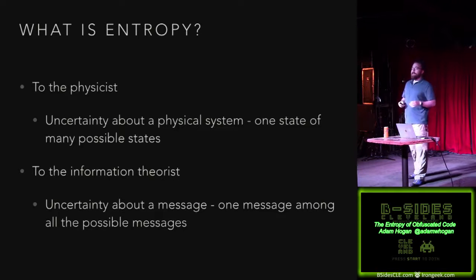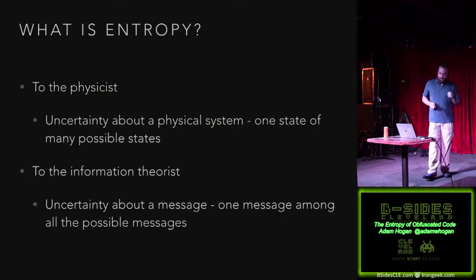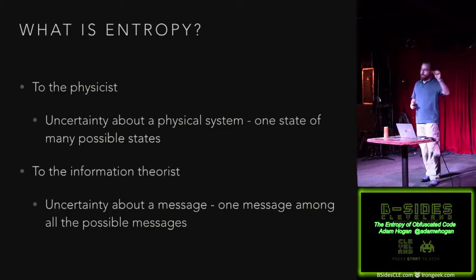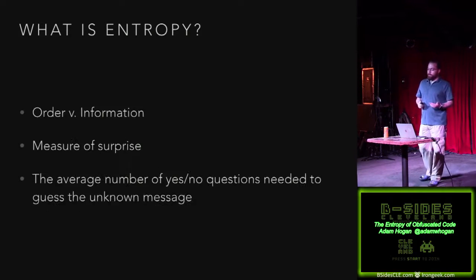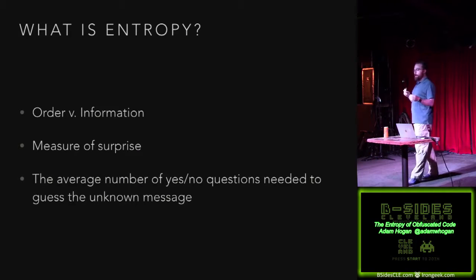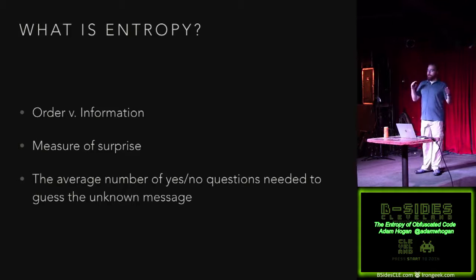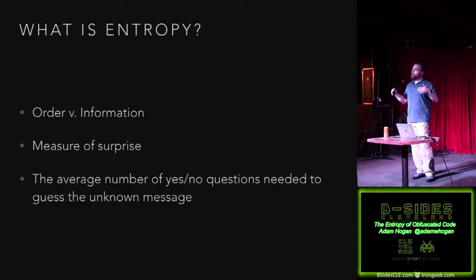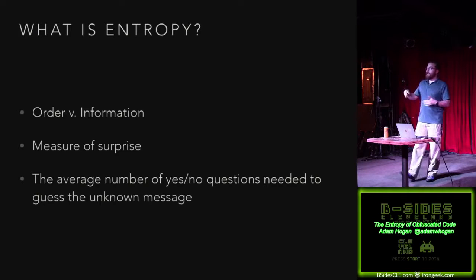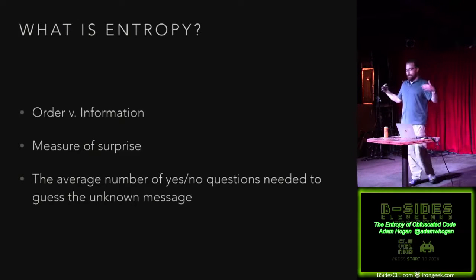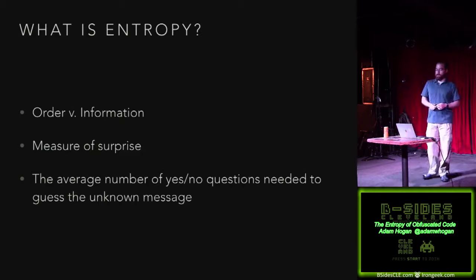At its core, the entropy in information and the entropy in physics are exactly the same. We're just measuring two different things. Physicists are measuring order, and information theorists are measuring information, which, once you drill into it enough, turns out to be the exact same thing, literally at a quantum level. At a mathematical level, information theory and physics meet and describe the same things.